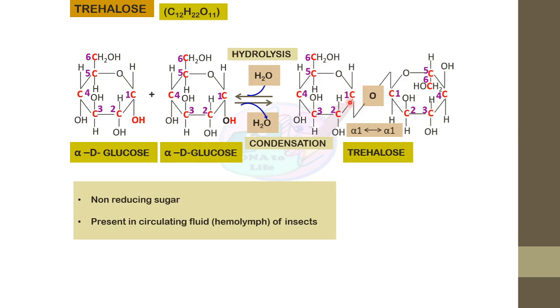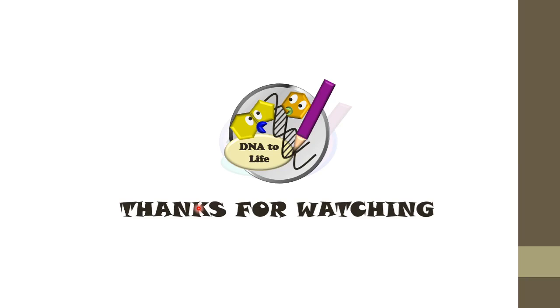Since both of these carbons are anomeric carbons and are engaged in this bonding, it cannot be opened up and cannot work as a reducing agent, because we already discussed that a free aldehyde group is necessary to be a reducing sugar. So trehalose also behaves as a non-reducing sugar. It is present in the circulating fluid of insects. That was all about disaccharides.